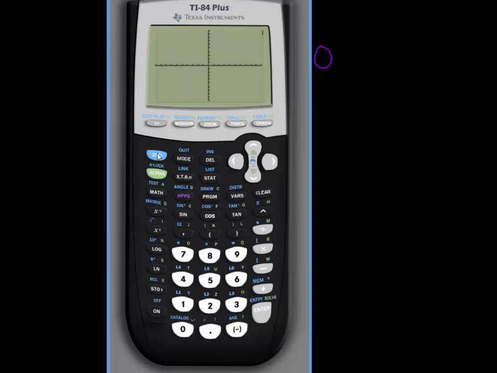And there's the graph. Use the calculation feature. Minimum. Left bound and right bound. There's my cursor.